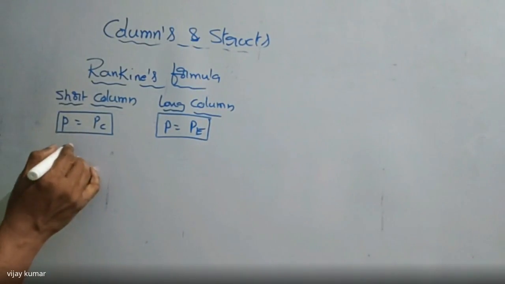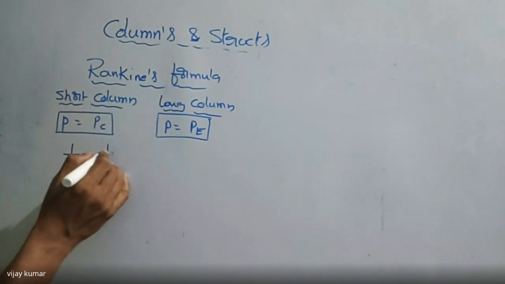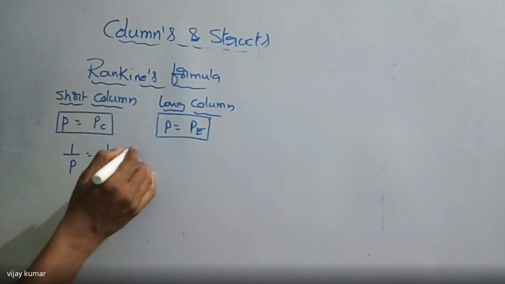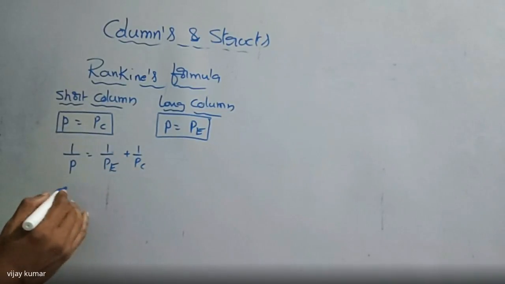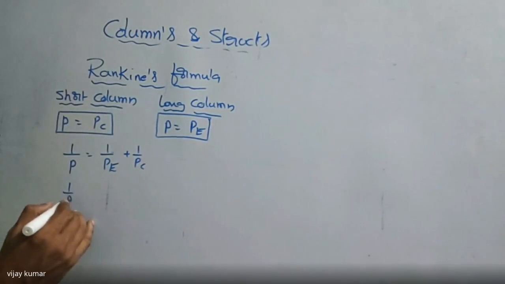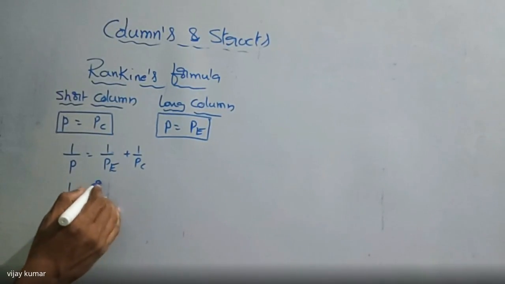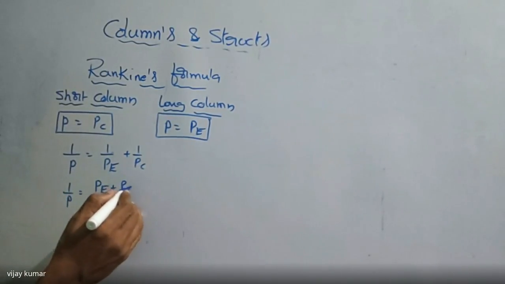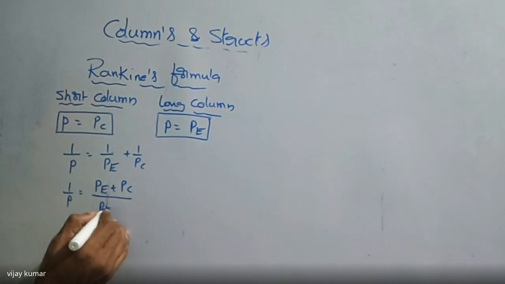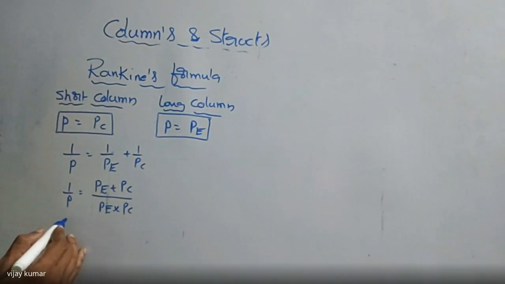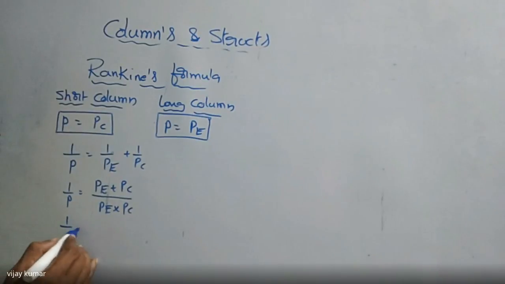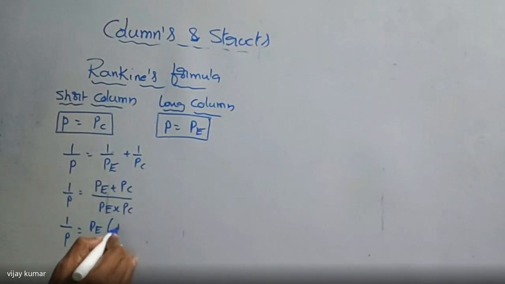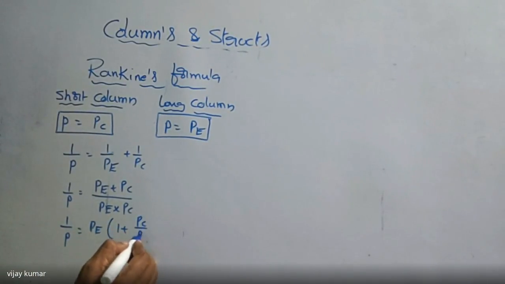So according to Rankine's, 1 by P is equal to 1 by PE plus 1 by PC. By taking the LCM, 1 by P is equal to PE plus PC divided by PE into PC. Now taking PE common, 1 by P is equal to PE into (1 plus PC by PE) divided by PE into PC.